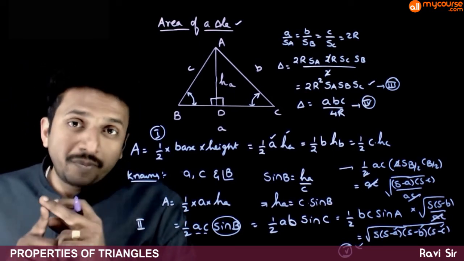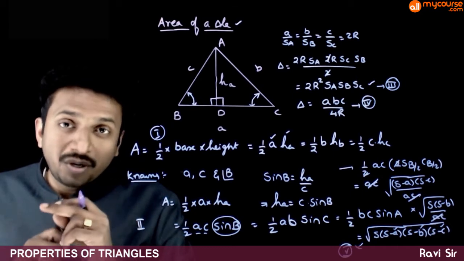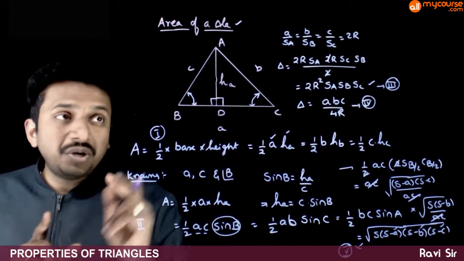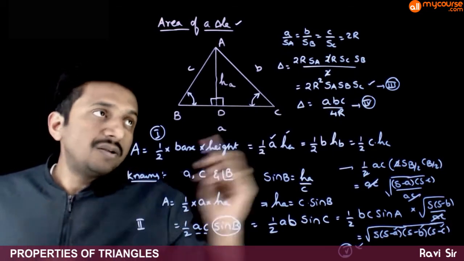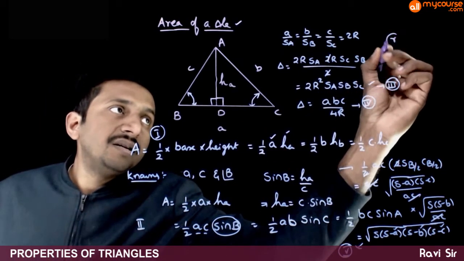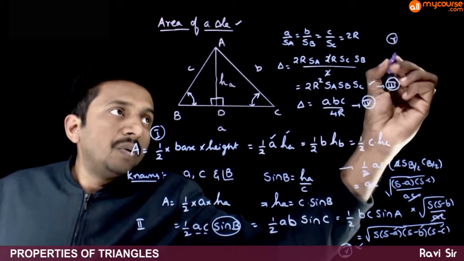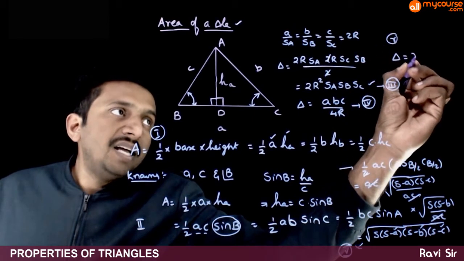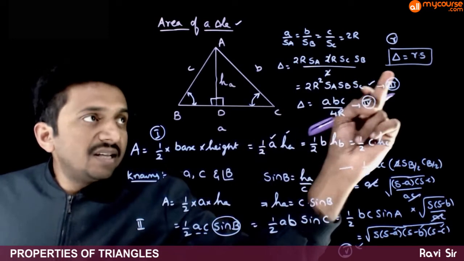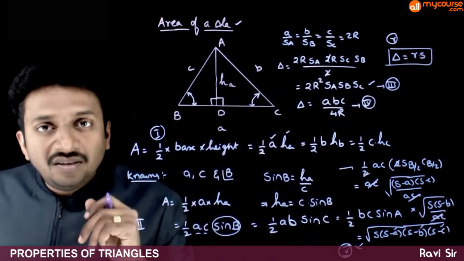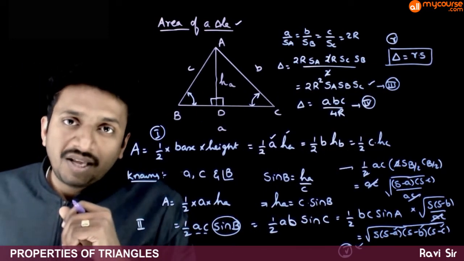So you have one more formula which is very important, which is based on the inradius of the triangle. If r is the inradius of the triangle, then delta can be written as inradius times s, the semi-perimeter of the triangle.